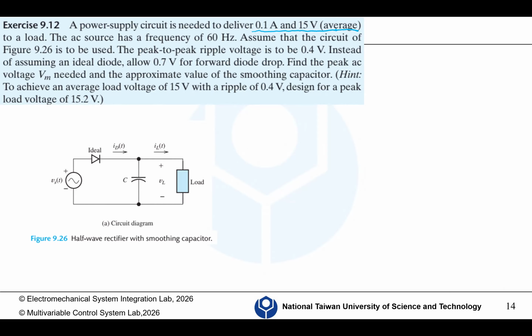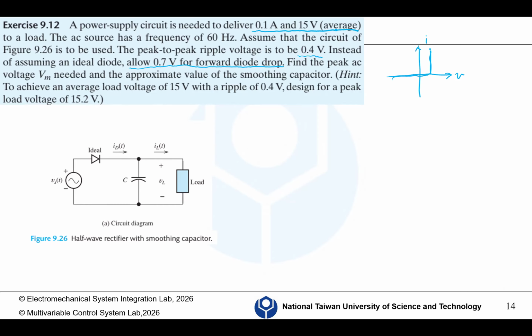Assuming that the circuit of figure 9.26 is to be used, the peak-to-peak ripple voltage is to be 0.4 volts. Instead of assuming an ideal diode, allow 0.7 volt for the diode drop. Right now we are focusing on this kind of assumption. So this is V, this is I.